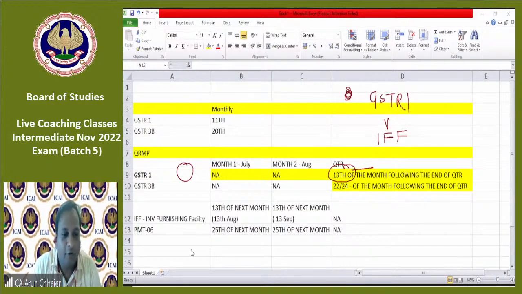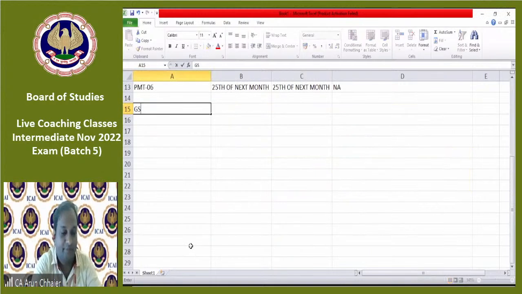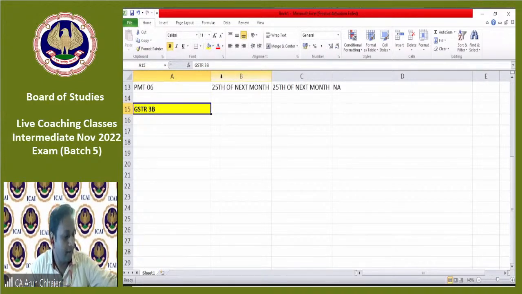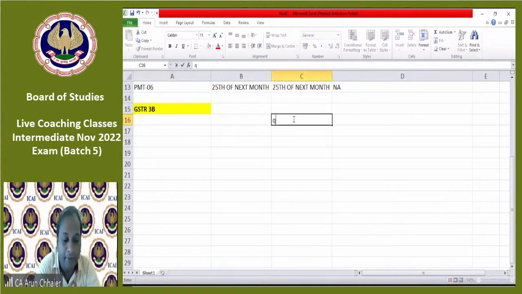Now let me talk about GSTR3B. Till now is it clear? Can anyone opt for QRMP? Yes, that I would like to tell you. QRMP is available to the taxpayer having aggregate turnover up to 5 crore.